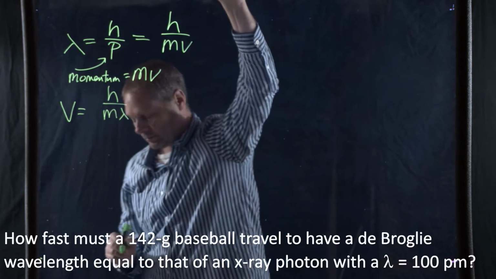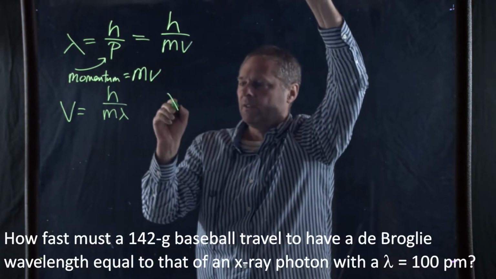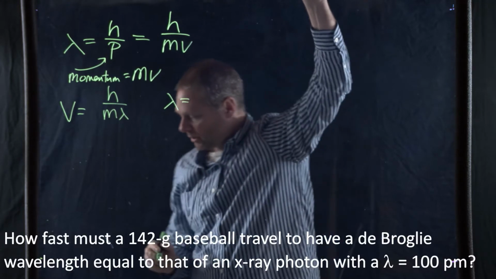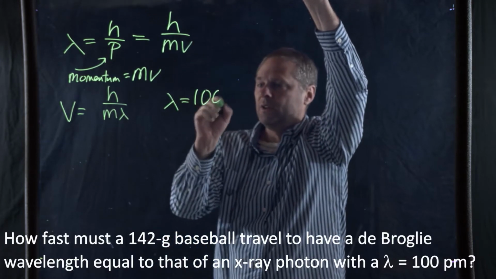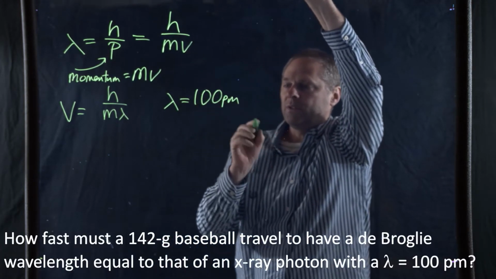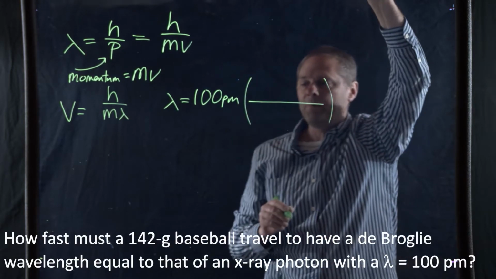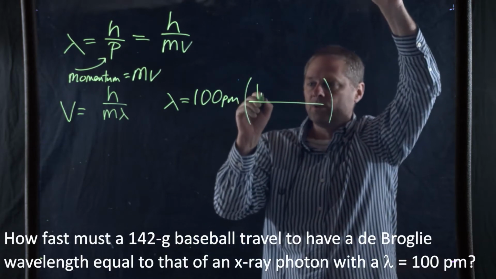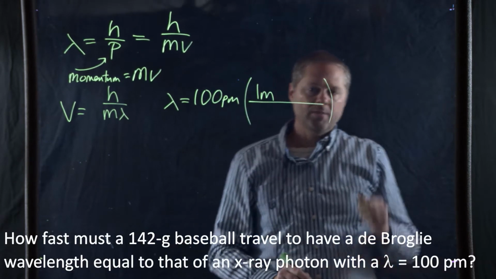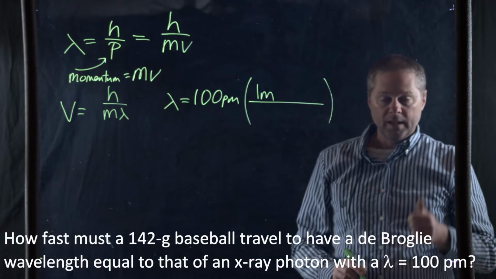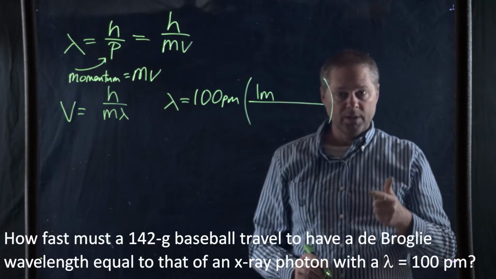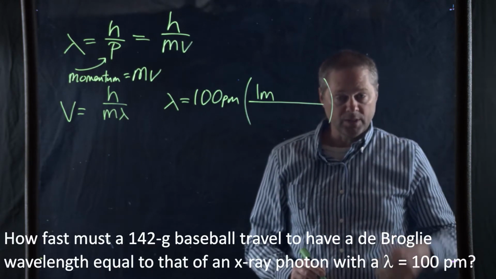All right? Now the lambda that's given to us is 100 picometers. If you remember, you have meters, and then millimeters, and then micrometers, so that's -6.